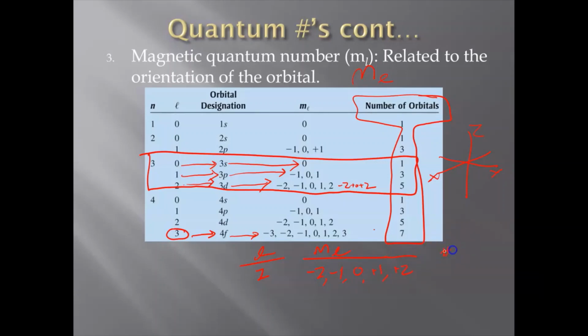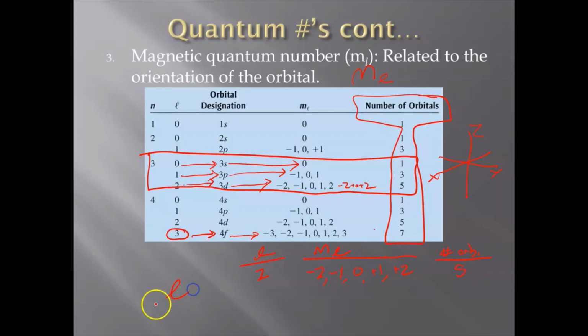So the number of orbitals represents the sum of all the m sub L values, which you don't really add, -2 plus -1 plus 0. You just count the numbers. So 1, 2, 3, 4, 5. So there's 5 total orbitals for your m sub L for L equal to 2.